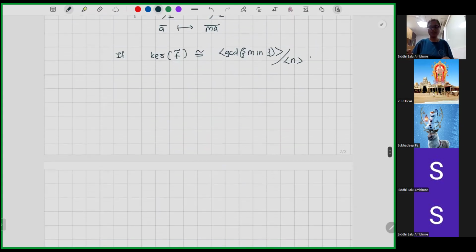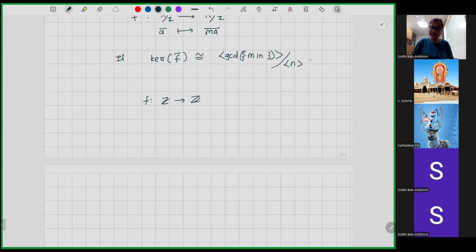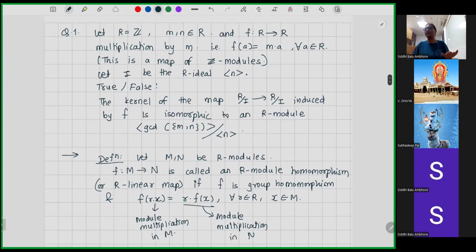Okay, so let me give you a quick example and see what exactly it is. Let us take some examples, F from Z to Z. They are asking this question for any M, N, so we can choose some M, N and see how the map looks, how the kernel behaves and so on.